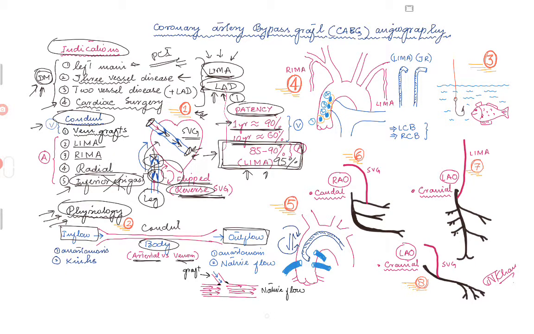The success of a vein graft or an arterial graft lies in three things: the inflow, the body of the graft, and the outflow. If any of these three have a problem, there are chances that the graft will go down.